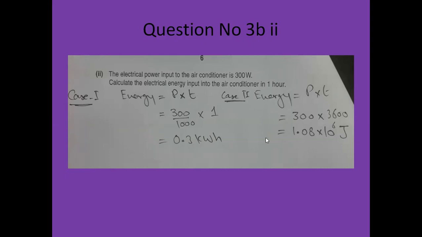In case one, the power is 300 watts, so I will convert it into kilowatts. 300 divided by 1000 multiplied by 1 hour means 0.3 kilowatt hour. In case number 2, the energy is equal to power multiplied by time, the power is taken in watts and the time in seconds. So 300 multiplied by 3600 will be 1.08 times 10 to the power 6 joules.